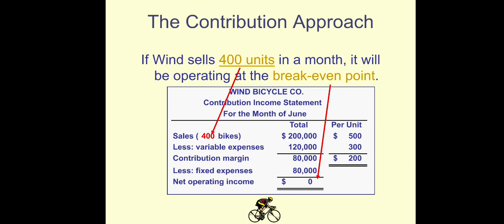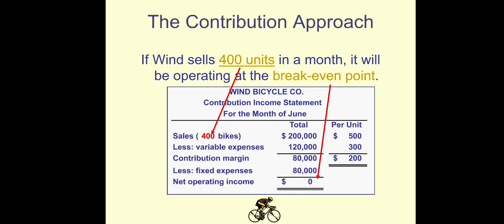See here, for this bicycle company, the contribution margin of the company will achieve $80,000 when the company sells 400 bikes.